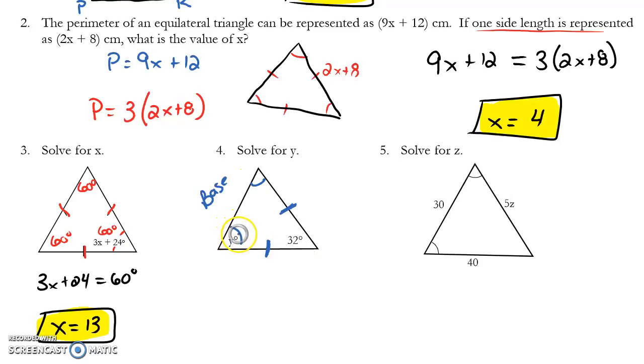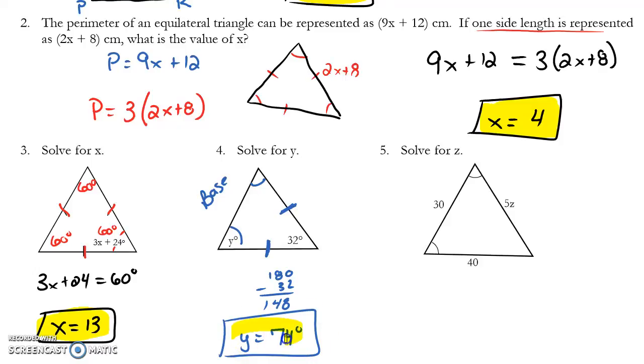Triangle sum says that when I take 180 and I subtract the 32, I get 148. But that 148 has to be split equally between these 2 angles. Divide this by 2, and y must be a 74-degree angle.